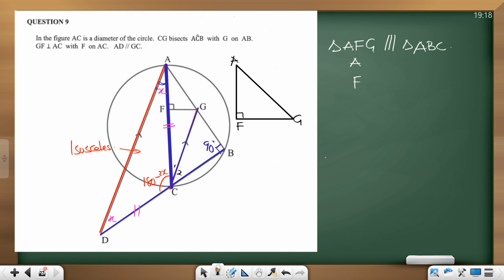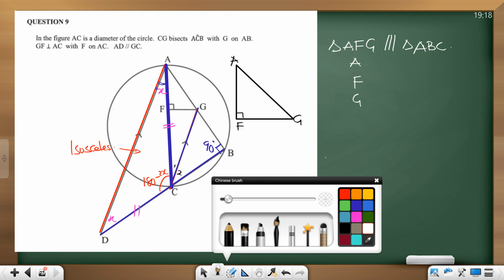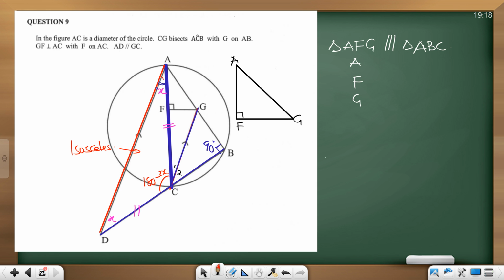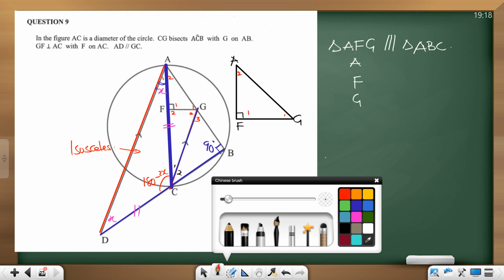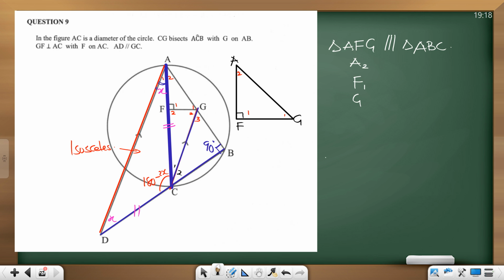A, F, and G. You can label it to make life easy for you: A1, A2, F1, F2, G1, 2, and 3. So this is what? 2, 1, and 1. Make sense? So what do I have? 2, 1, and 1. Now, what about ABC?